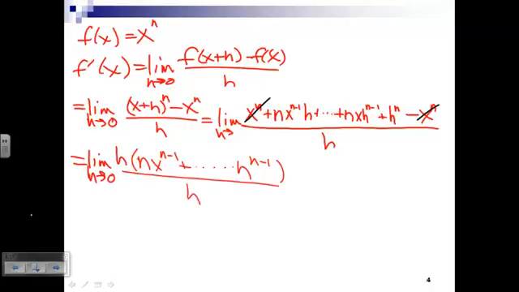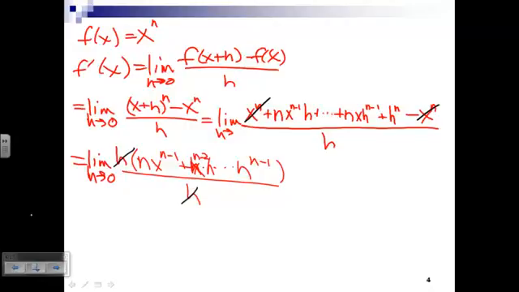Big thing here, by the way, is this next term has an h in it. It's like x to the n minus 2, and there's an h in there. But all the other terms inside the parentheses all have h's in them, except for the very first term. At this point, after you factor the h out, we cancel out the h's, because that's what we always would do.